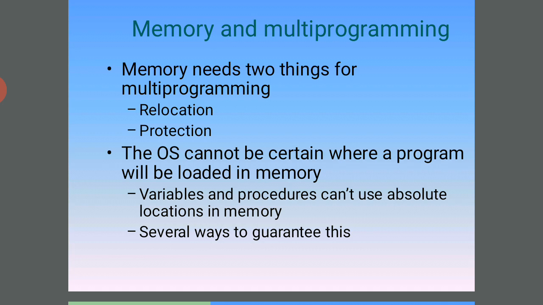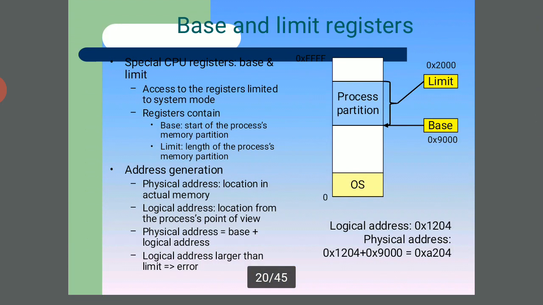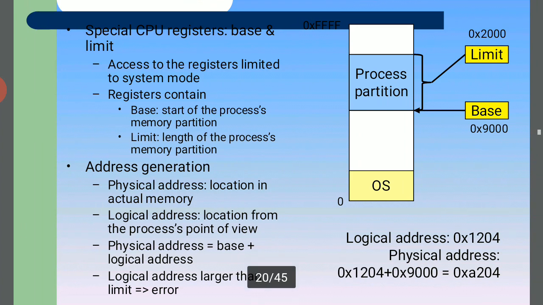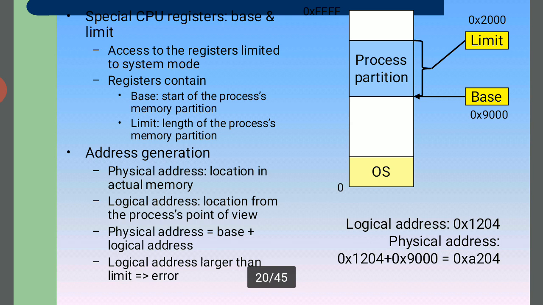There are several ways to generate this: base and limit registers. So what are base and limit registers? Here see the special CPU base and limit registers, with access limited to system mode.